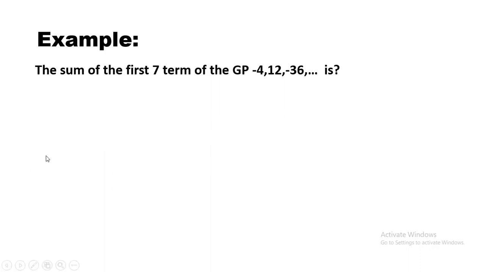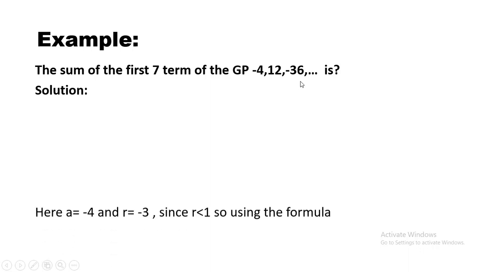The sum of the first 7 terms of the GP minus 4, 12, minus 36 and so on is, now out here they are asking us for the sum of the first 7 terms. The terms they have already given are minus 4, 12 and minus 36.